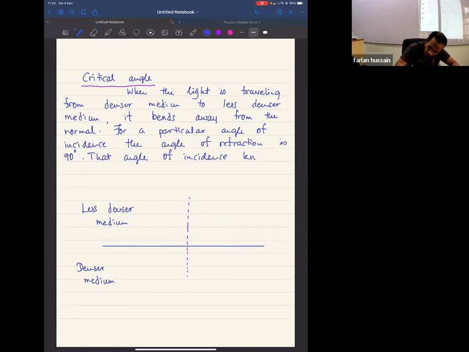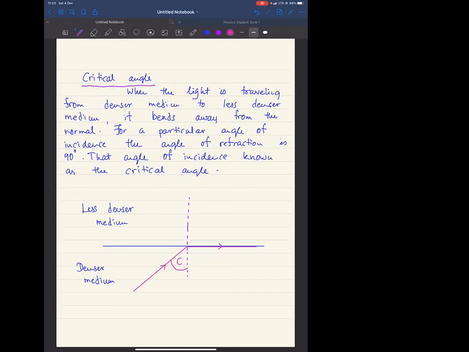That angle of incidence is known as the critical angle. So let's draw this diagram.